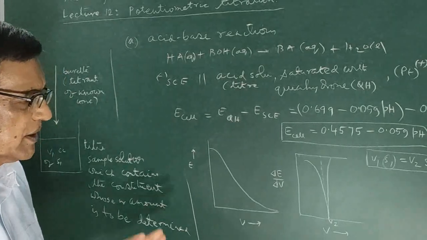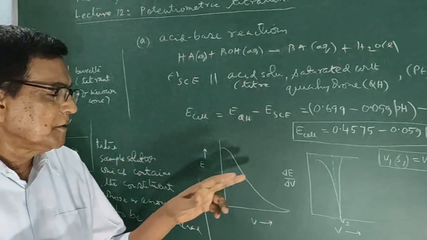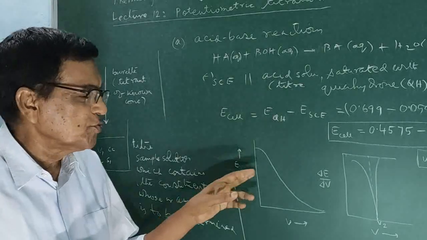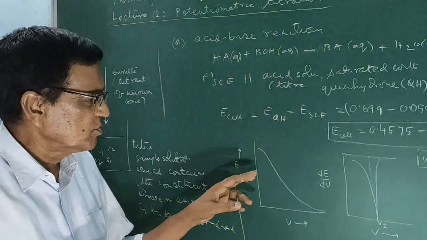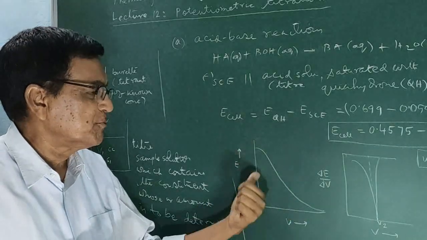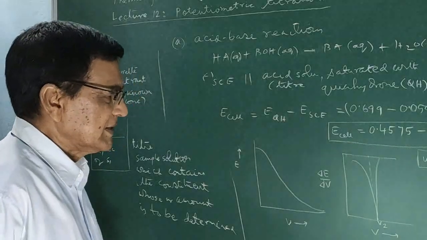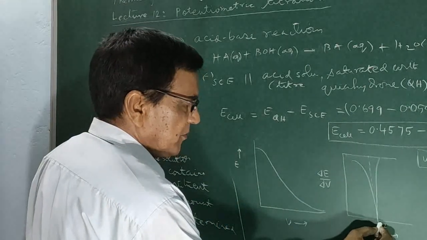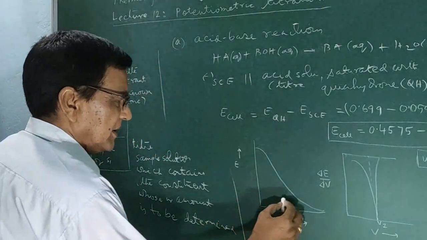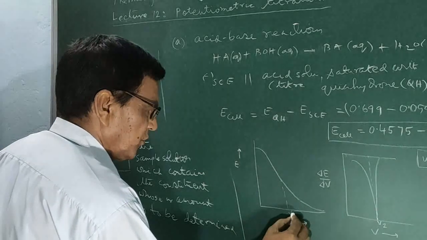Not only that, one very important factor is that approximately the dissociation constant of this weak acid can be evaluated from this potentiometric titration. As for example, suppose this is the equivalence point V2.